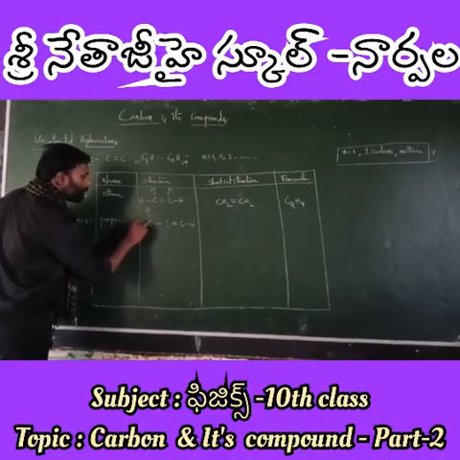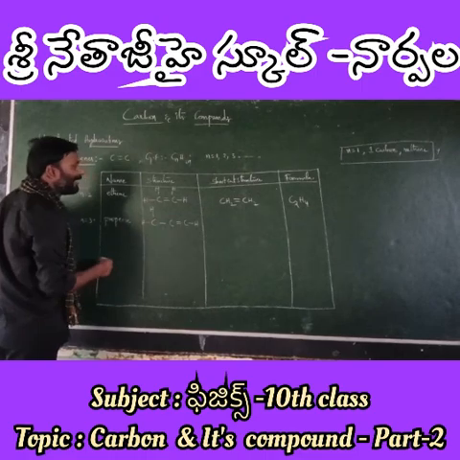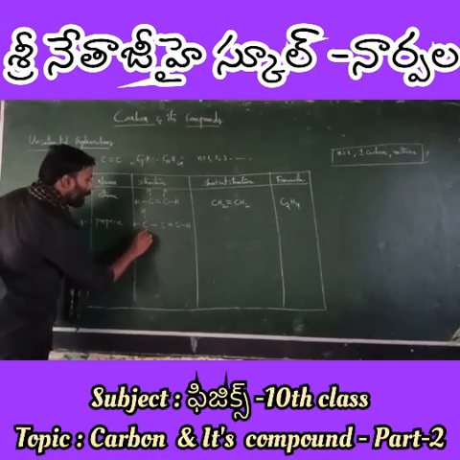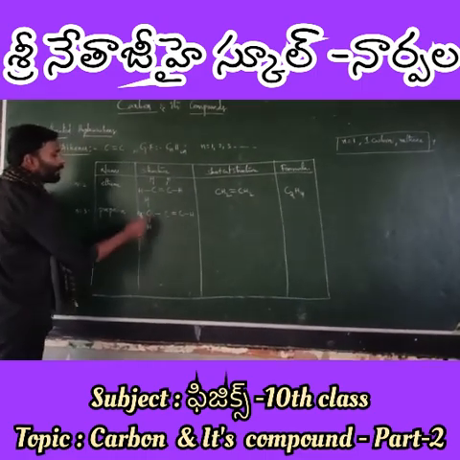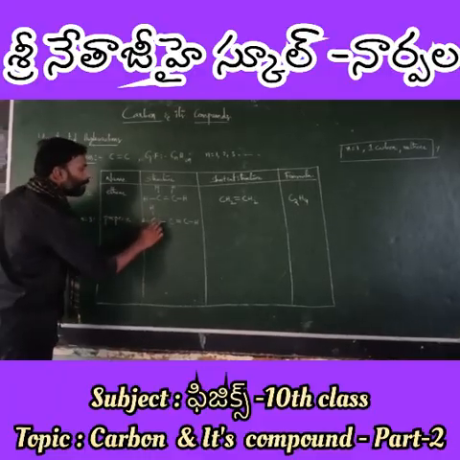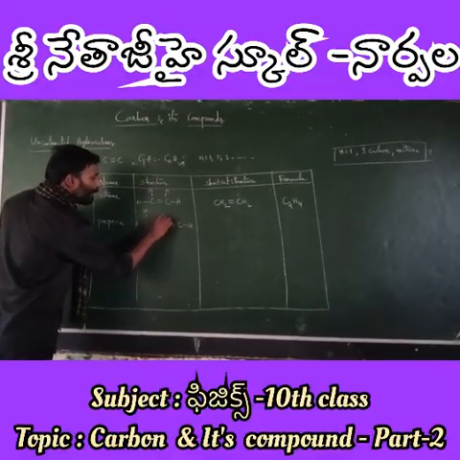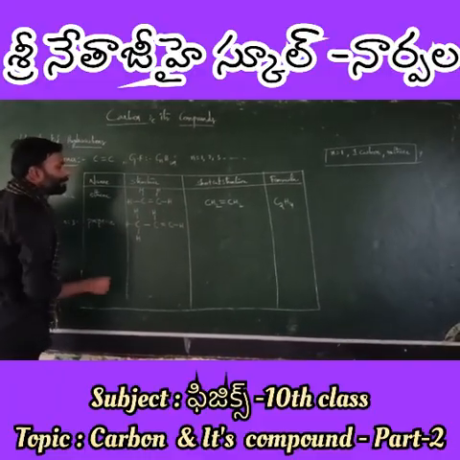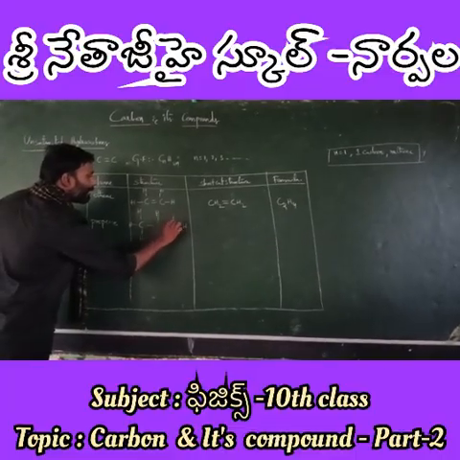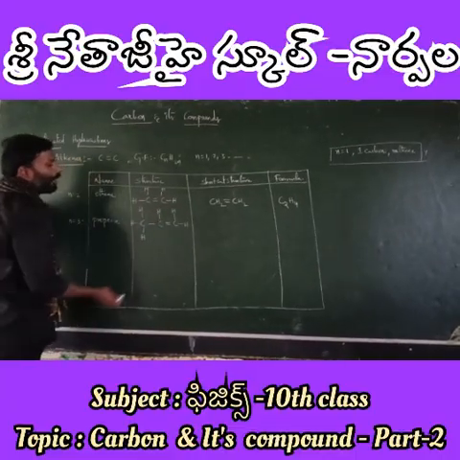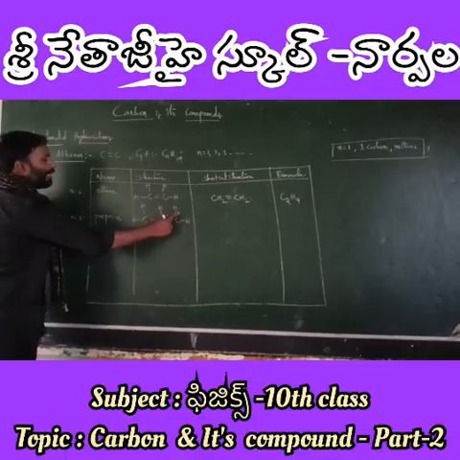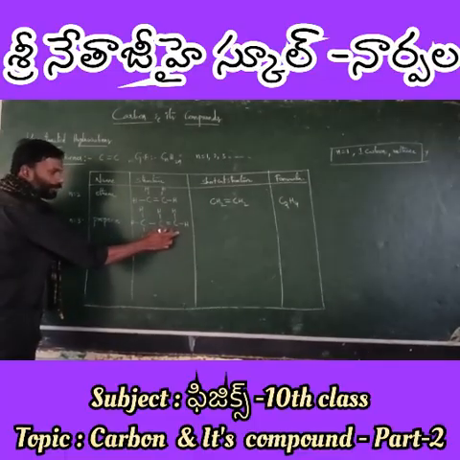1, 2, 3 and 4. 4 hydrogens: 1, 2, 3, 1 hydrogen, and here 1 hydrogen. You can write the hydrogens anywhere, even down, no problem.